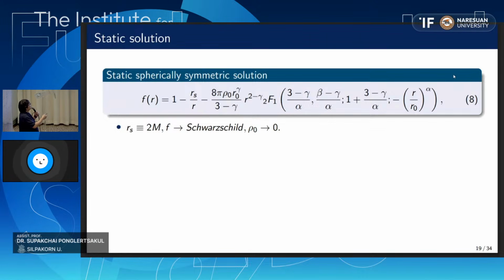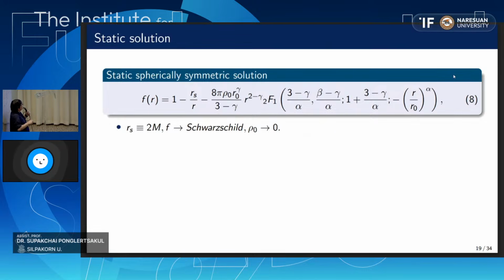It looks horrible, but it is analytic, where the metric function itself is described by the so-called hypergeometric function, and we keep alpha, beta, and gamma arbitrary at this point.